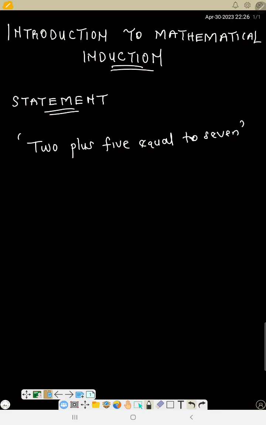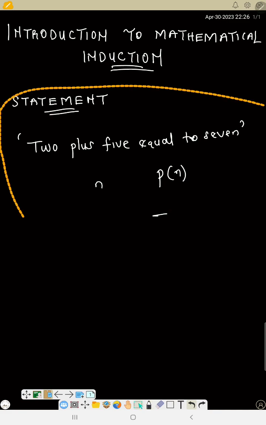So 2 plus 5 equal to 7 is a statement because this sentence is true. A statement concerning the natural number n is generally denoted by P(n). So it's just a representation.